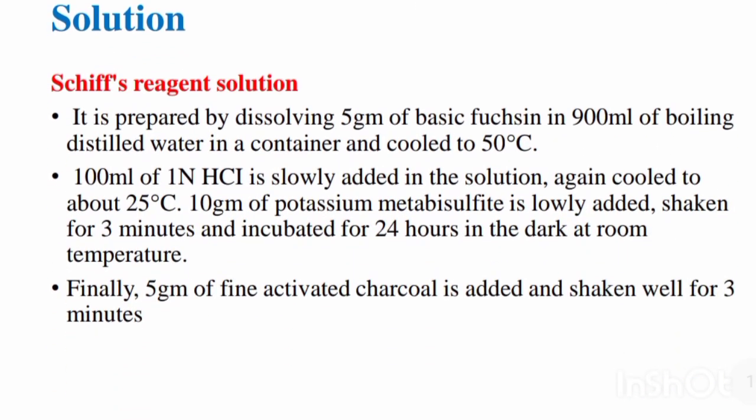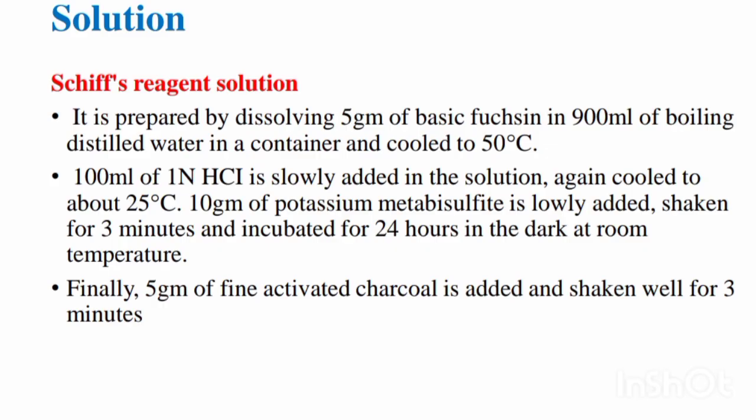Next we have solutions. We require three types of solution: first is the Schiff reagent solution, next is the 1N HCl, and last is the light green SF yellowish stain solution. First, the Schiff reagent solution is prepared with 5 gram of basic fuchsin in 900 milliliter of boiling distilled water. It is heated and cooled to 50 degrees Celsius.